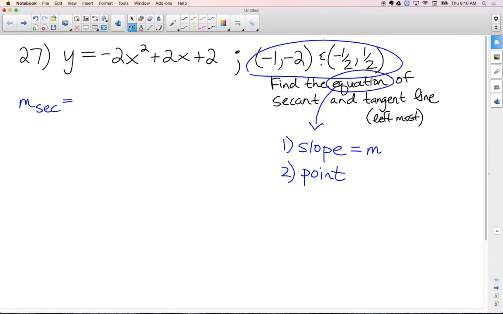It doesn't really matter what order you subtract it, I always just do the exact order I see it. So negative 2 divided by negative 1 minus a negative 1/2. On top, that's going to give me negative 5/2, right?